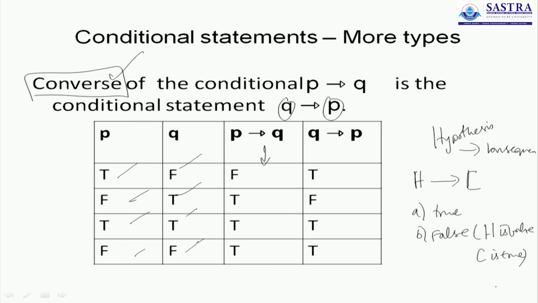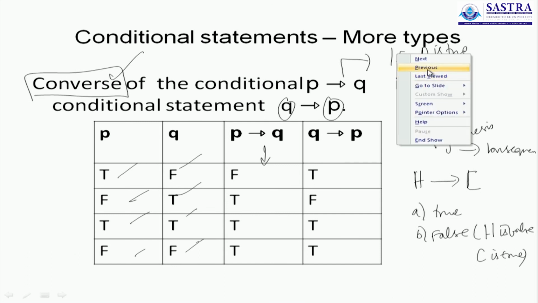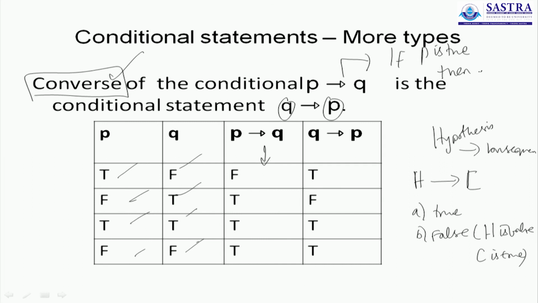So if P is true, then Q is true, and that's what you have. The converse is just the opposite. You just swap P and Q from their places. If Q is true, then P is true. And the corresponding truth table will look like this fourth column here.